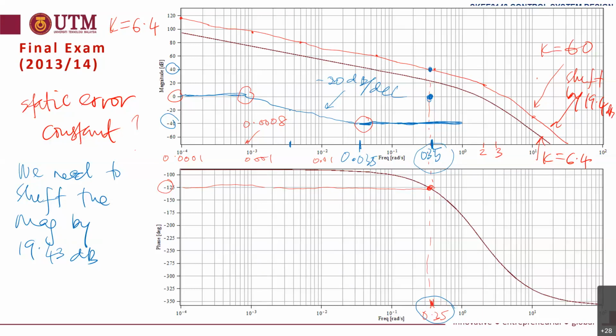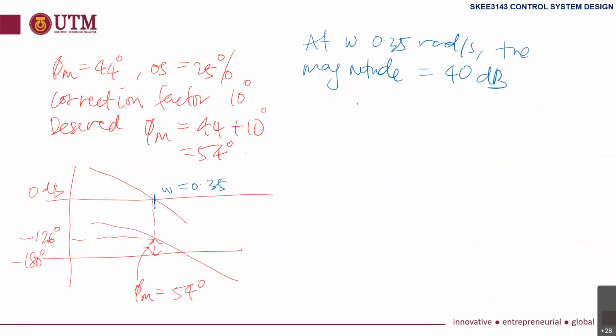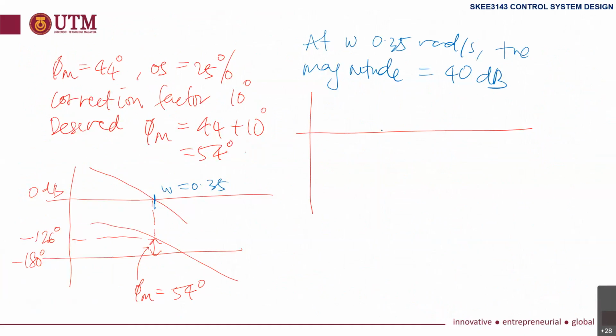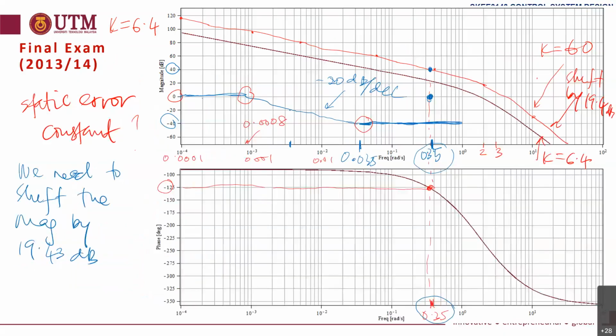So now I will redraw the one that we obtained. It is like this. One here is 0.0008 and here 0.035. Right.